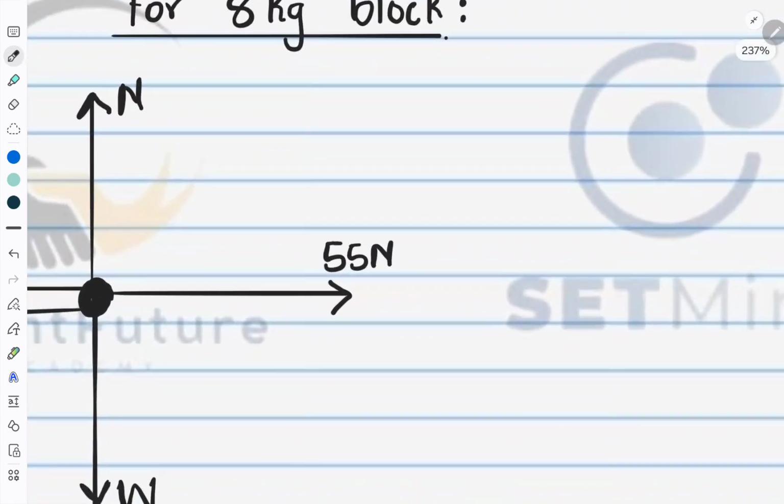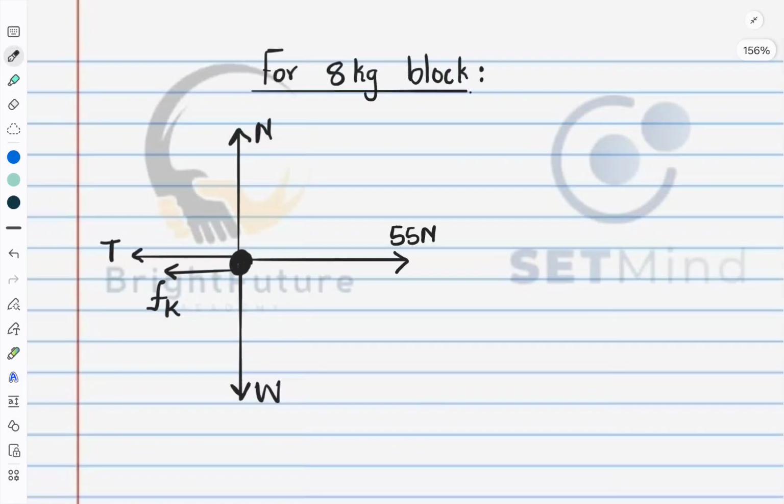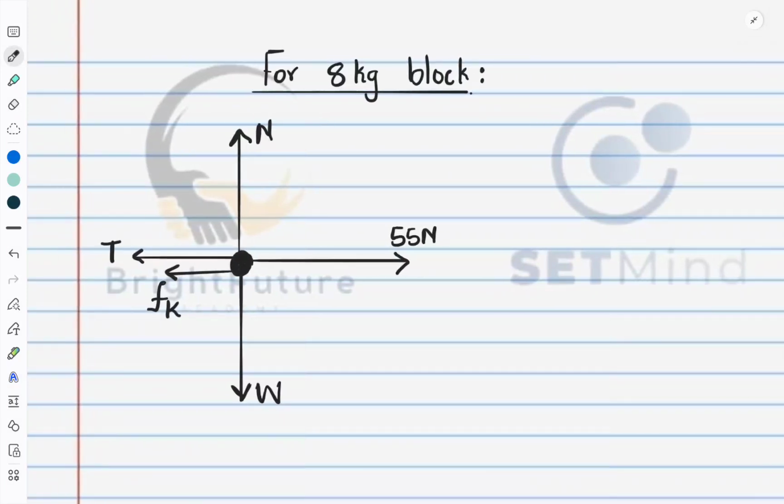Now what we can do here as well is take the sum of forces, F net. We take this direction as positive because that's where the block is going, or the system of blocks, that's where they are going. So right now we take right as positive. That means anything opposite this direction is regarded as negative.